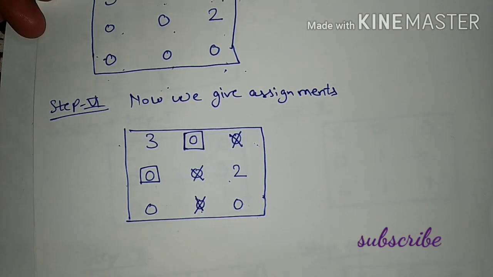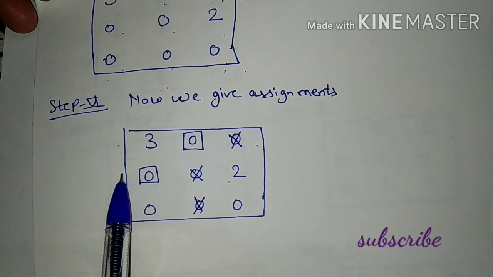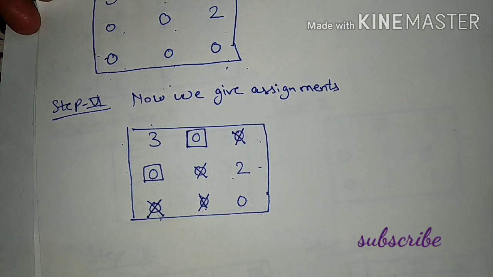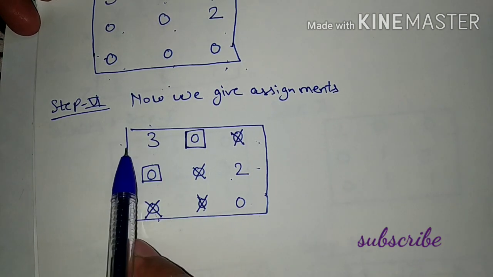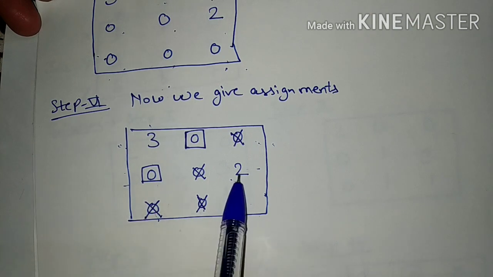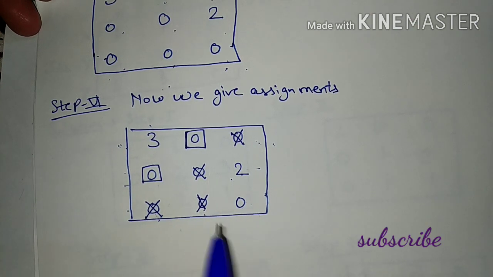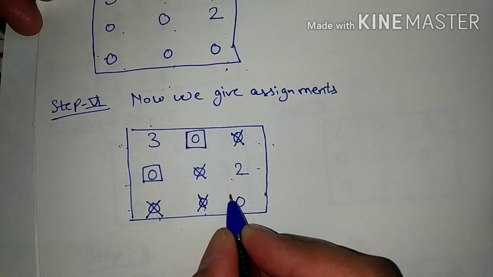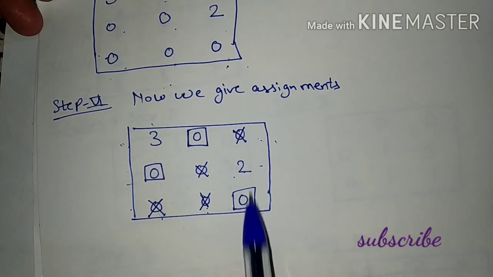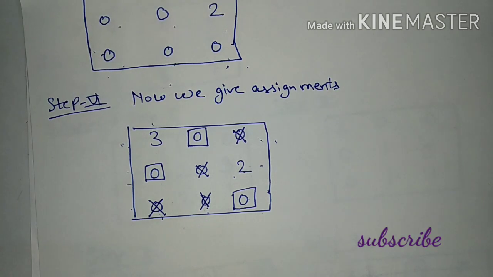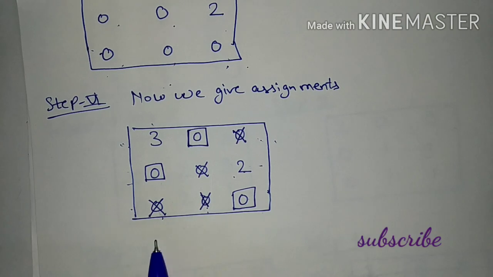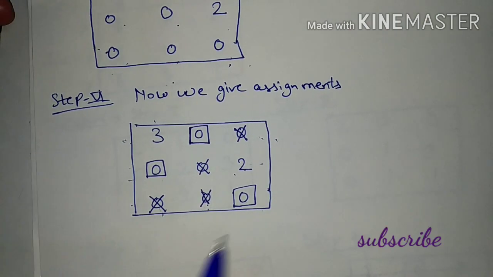Make the square around it. If there is any 0 in that row and in that column, then cross over it. Again start row 1. There is no 0. In row 2 no 0. In row 3 there is only 1 zero. Make the square around it. If there is any 0 in that row and in that column, then cross over it. Here each row and each column has one and only one assignment.